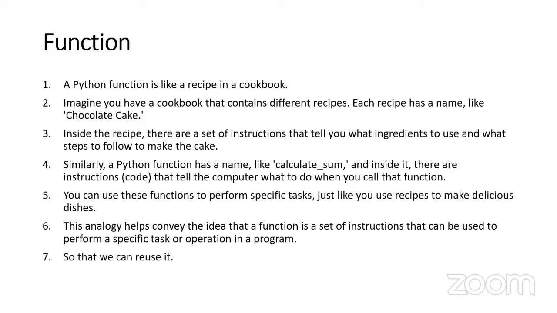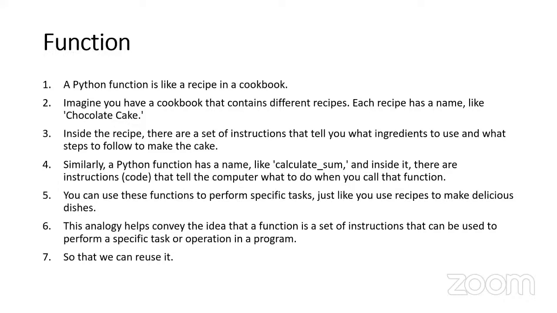Every different food has different procedures to follow. Imagine you have a cookbook which contains different recipes. Let's take an example that we want to cook the chocolate cake. Inside this recipe of the chocolate cake, we have a set of instructions that we are going to follow, and at the end we will get the chocolate cake.